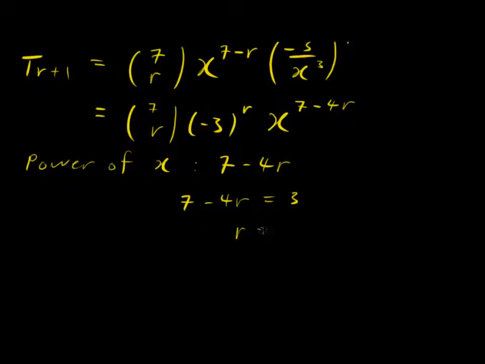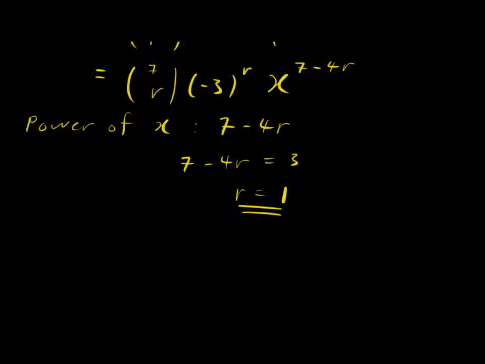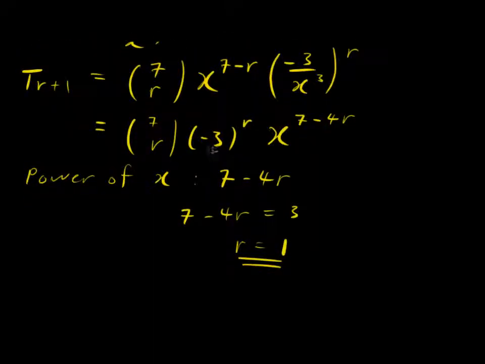So r will be equal to, you just swap the position, 7 minus 3 divided by 4, which equals 1. So when r equals 1, the coefficient is going to be given by this term here, which is the coefficient for x to the power of 3, right?